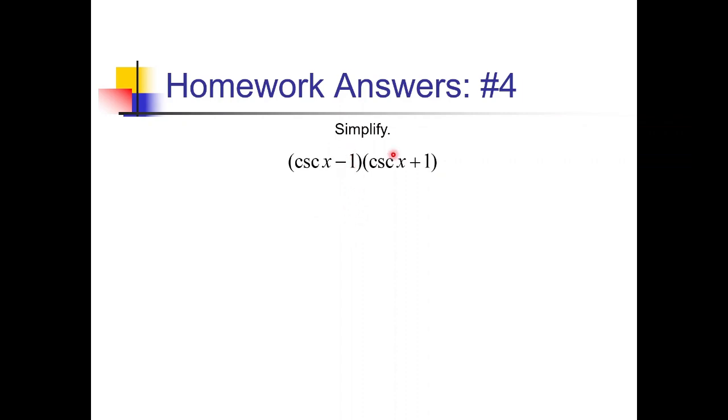I can definitely multiply these parentheses together, and this is an a minus b, a plus b situation, so I can use a squared minus b squared to multiply this out quickly. So that's going to be cosine squared minus 1 squared, or just minus 1. Now, since I have a squared trig function at this point, I'm going to try one of my Pythagorean identities.